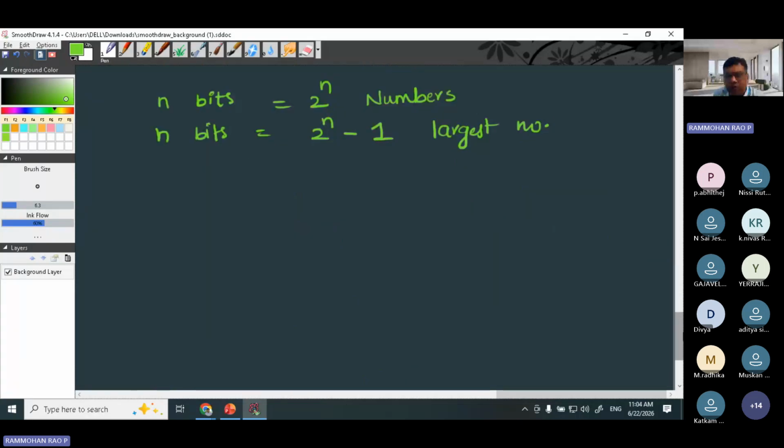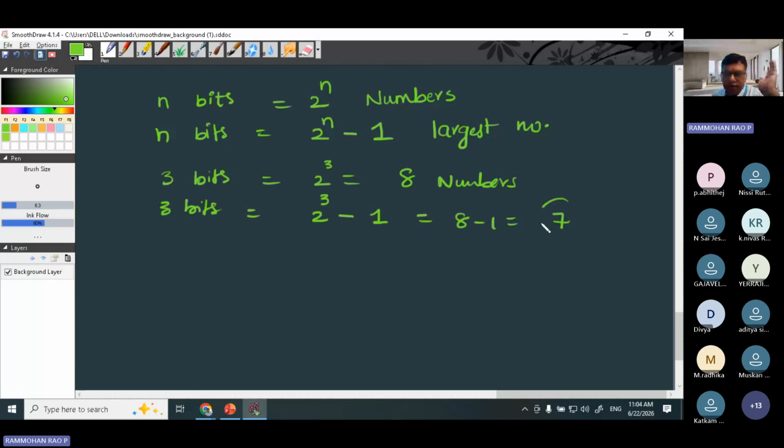Suppose n is 3 bits, 2 power 3 is 8 numbers, from 000 to 111. With 3 bits, the biggest possible number is 2 power 3 minus 1, which is 8 minus 1. 7 is the largest number that can be represented.